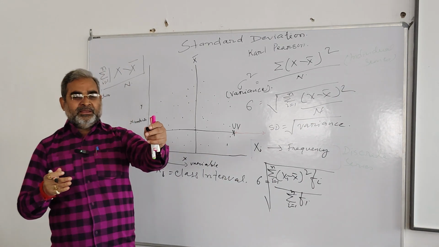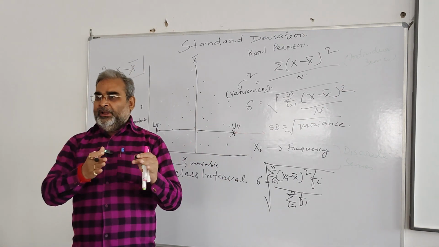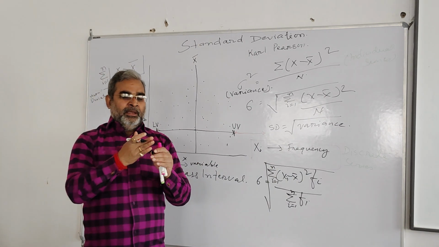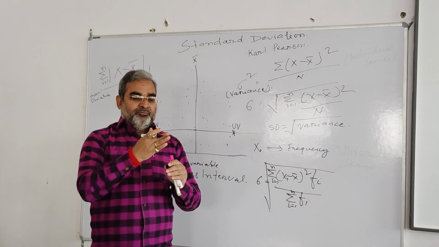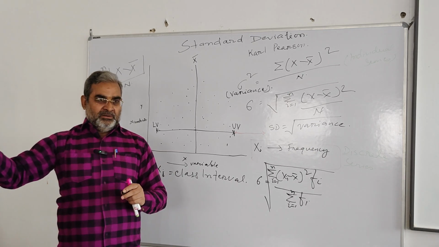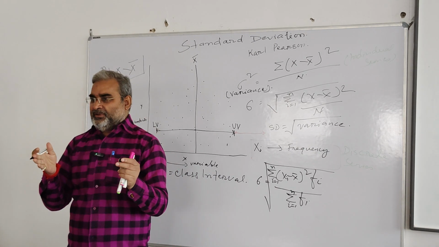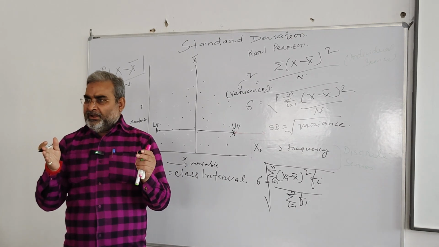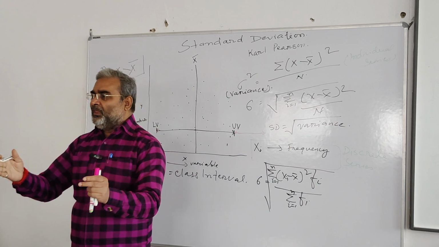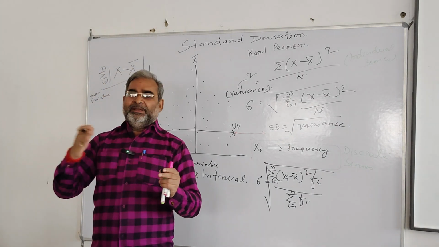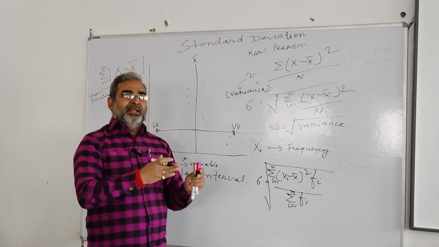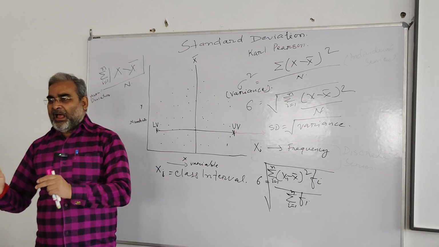Suppose a hemoglobin test, in which she represents 4 to 6 mg per 100 ml of blood. That means 4 to 6 is a class interval. 6 to 8 is a class interval, 8 to 10 is a class interval. That means the variable is represented in the form of class interval.